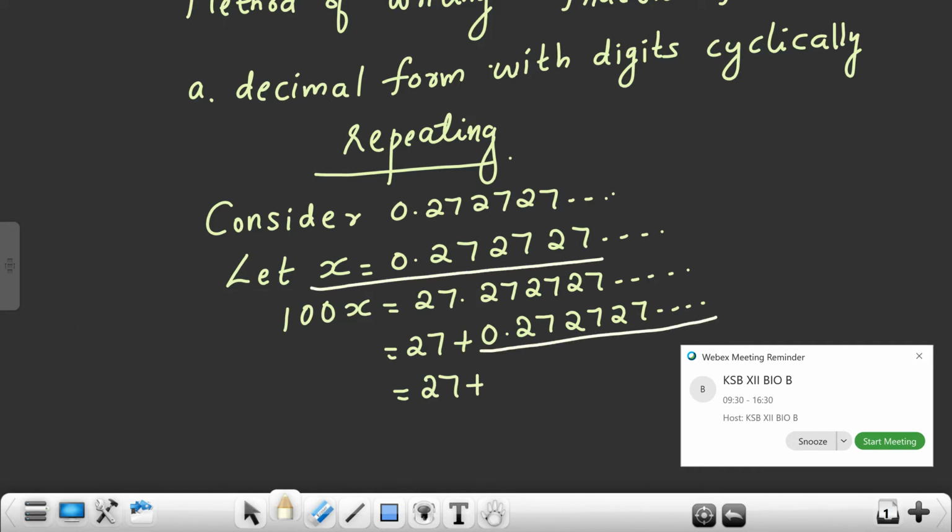That is the value of x. Substitute the value 27 plus x.